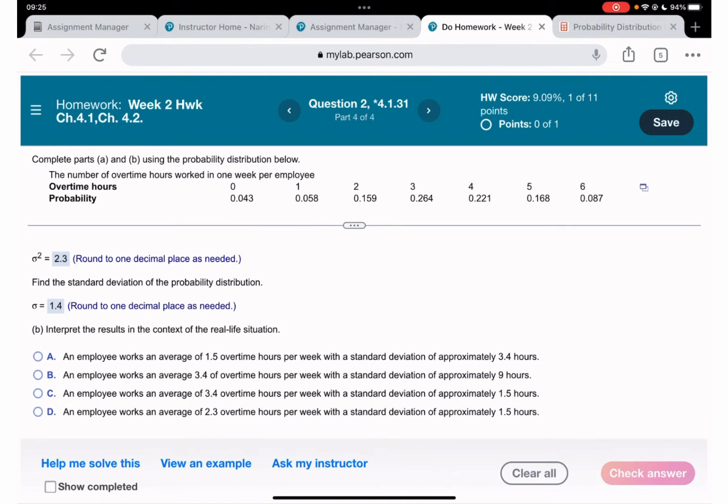Interpret the result in the context of a real-time situation. The result is going to be an employee works an average of 3.4 overtime hours per week with a standard deviation of approximately. There we go. That's a keyword.